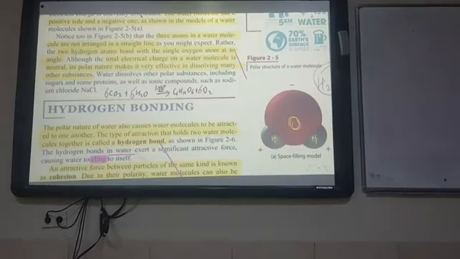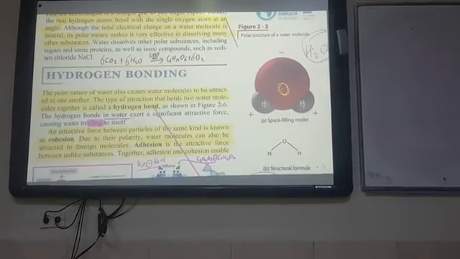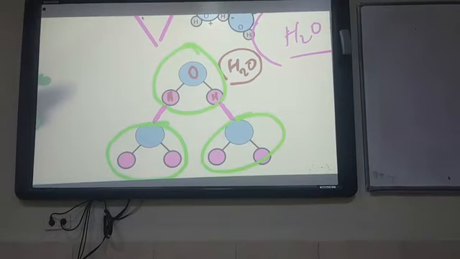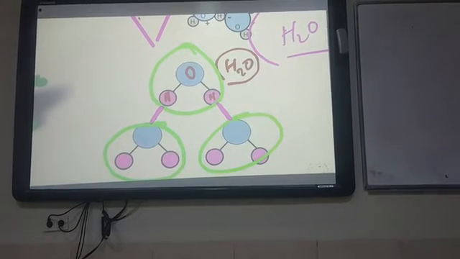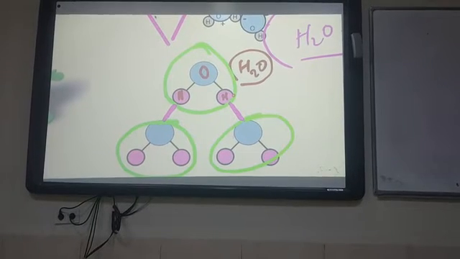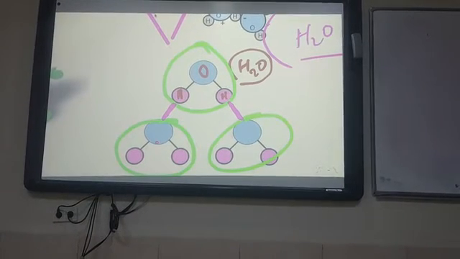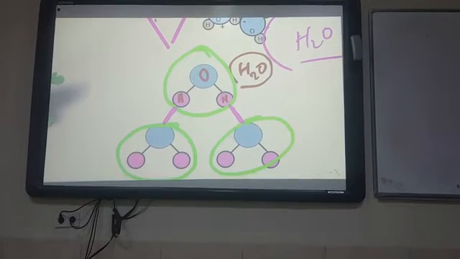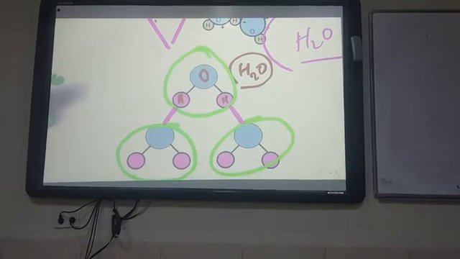In here again, hydrogen bond. This is important. Water is made up of one oxygen and two hydrogen atoms. These are water molecules. Between water molecules, there's a bond which is called hydrogen bond.